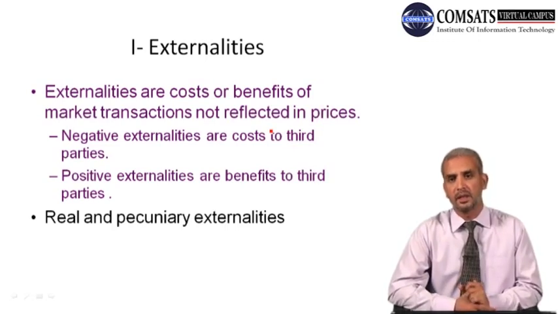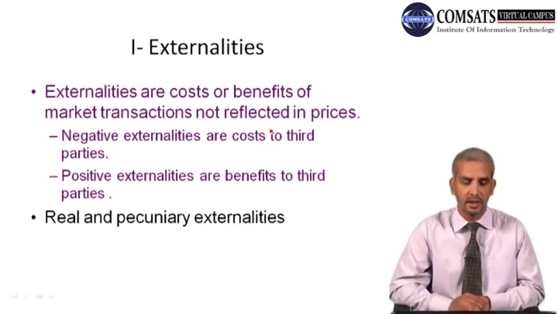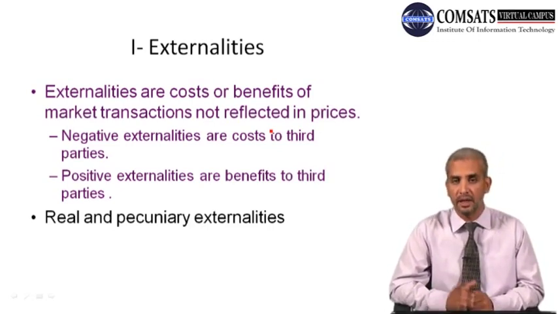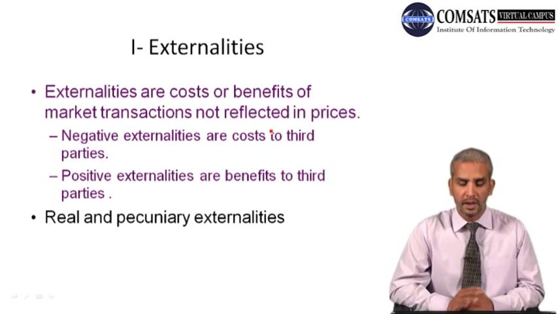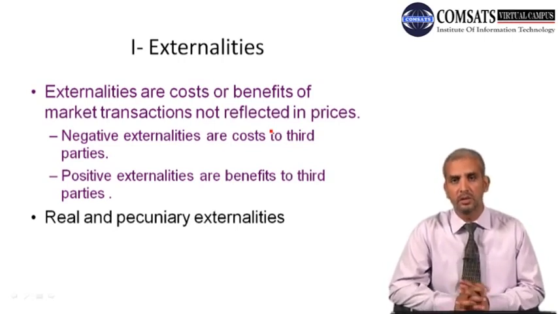In that case, every individual or the third parties who are affected by these things have a negative externality. Whenever the cost of this externality, this external cost, is not included in the total social cost, it is termed a negative externality.